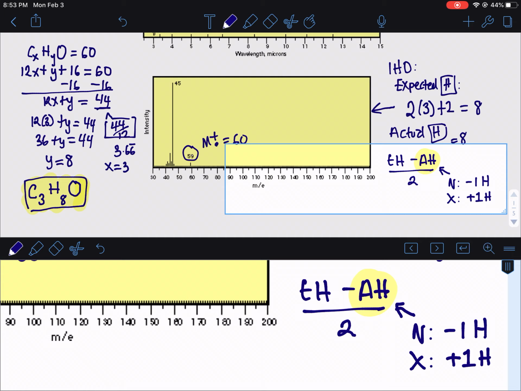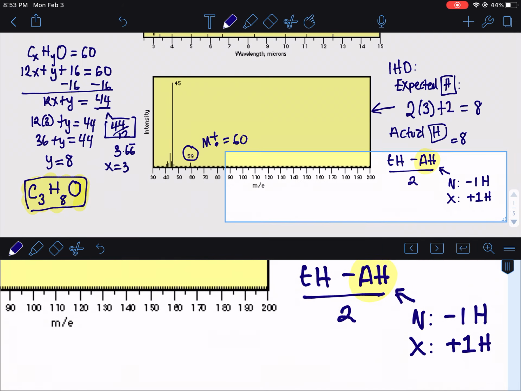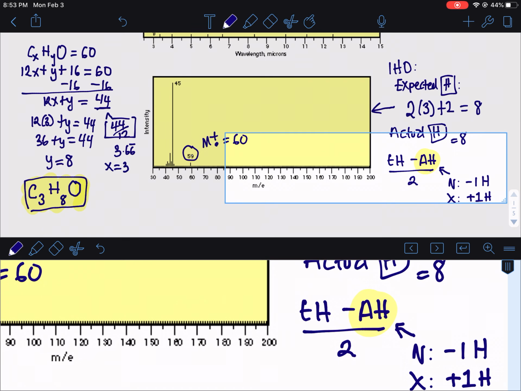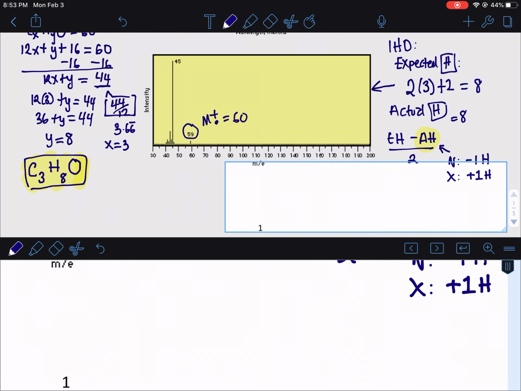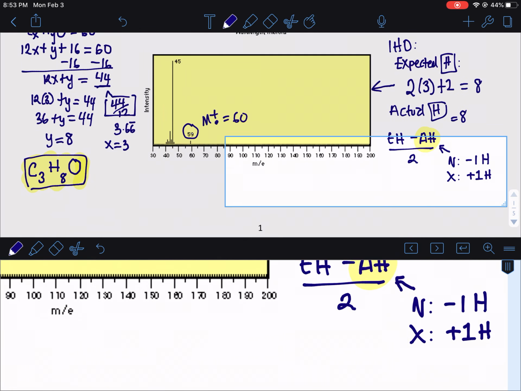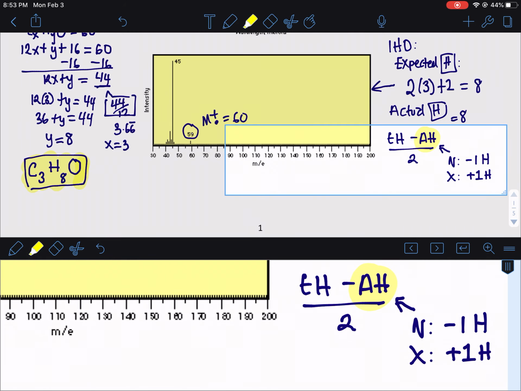So if we added nitrogen in this formula, we would have to subtract 1 from the H for each nitrogen. If we added a halogen, we would have to add 1 to the actual number of hydrogen for this equation. That is just a side note.